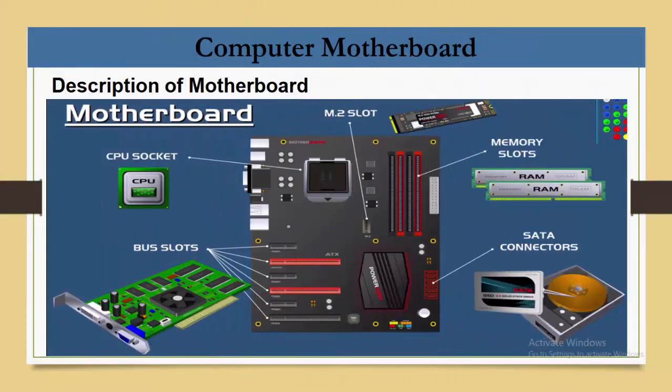Description of motherboard. The motherboard is mounted inside the case and is securely attached via small screws through pre-drilled holes. The motherboard contains ports to connect all of the internal components. It provides a single socket for the CPU, whereas for memory, normally one or more slots are available.